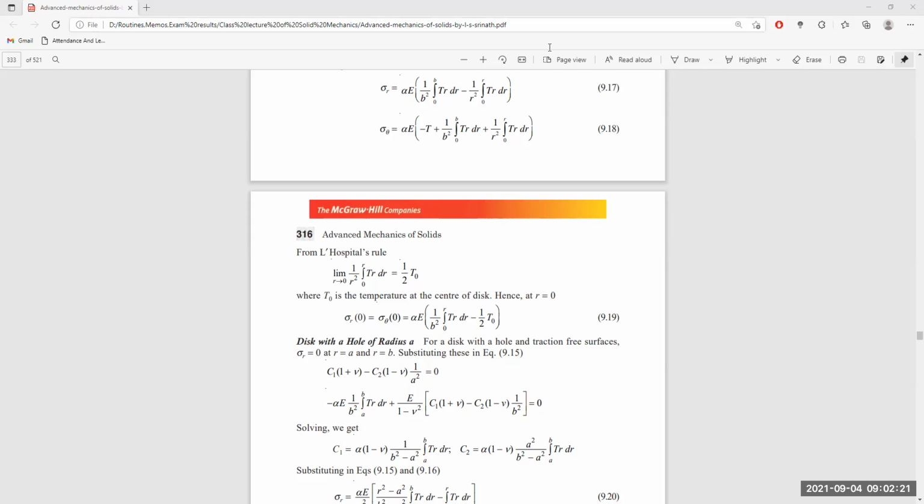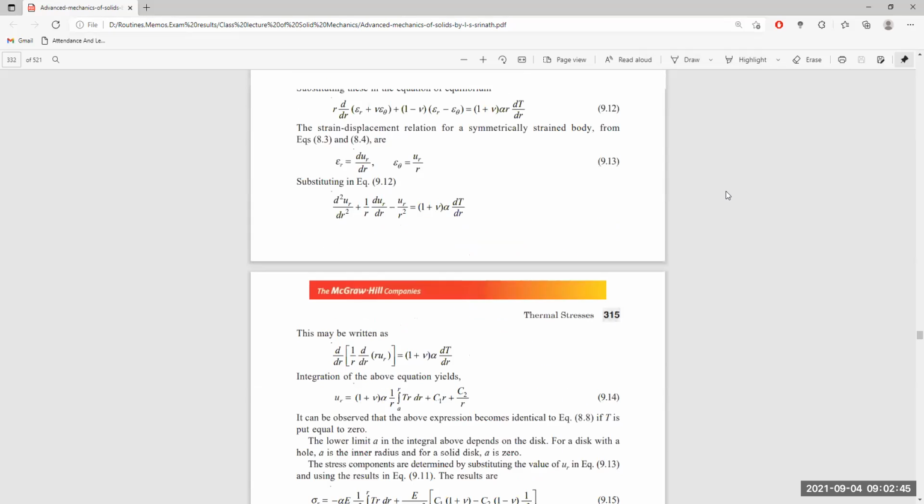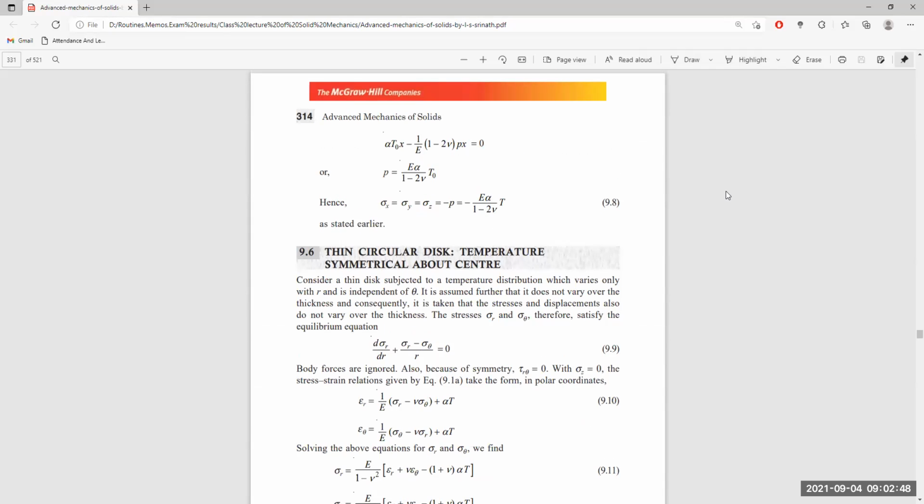Yesterday we went through the thermal stress induced in a thin circular disk, when the disk is solid with no inner hole, and when the disk is hollow, meaning there is an inner hole and an outer hole.